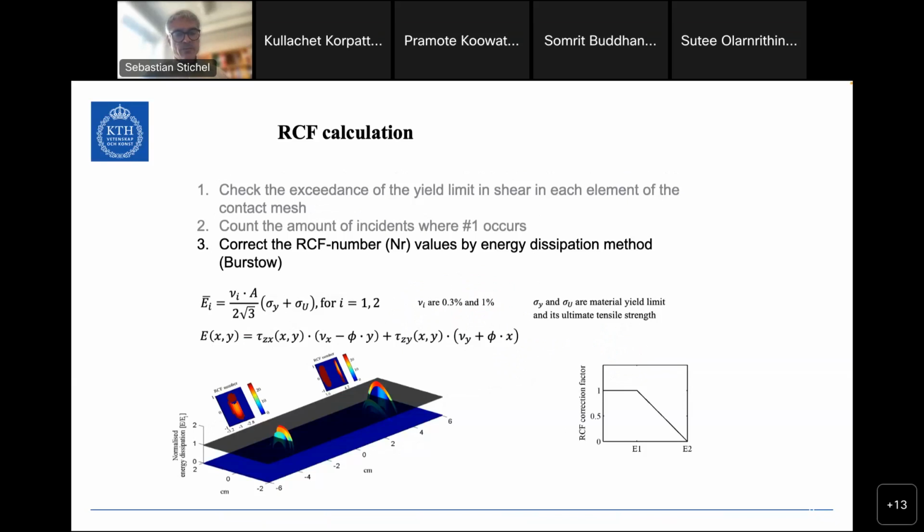If there's very little wear, then we do not correct the crack growth, and then with a linear function between two different characteristic wear values, the correction factor is changed. If there's very much wear, then we can even say that there's no risk for crack growth because all initiated cracks are worn away.